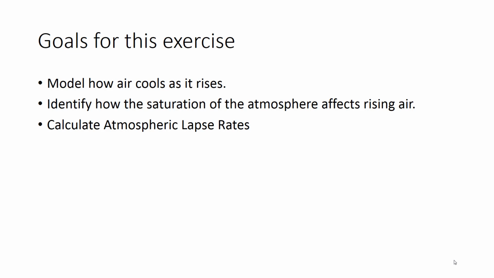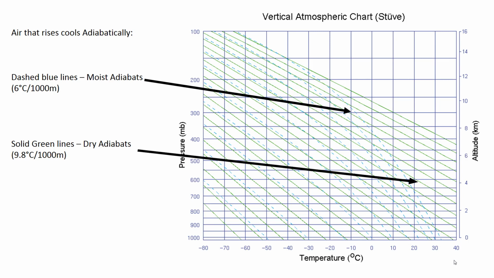So, up to this point right now, you have mainly been looking at Stuve diagrams for temperature, and then in the last exercise, we introduced dew point. Well, I'm going to introduce two more things on a Stuve diagram today, and these two things are going to make your life a lot easier than you would think.